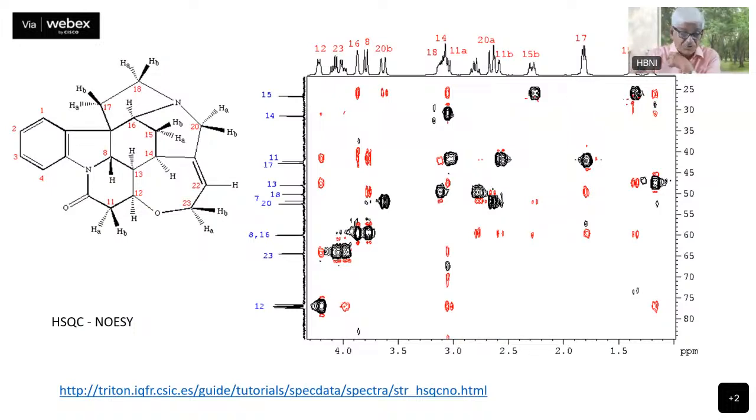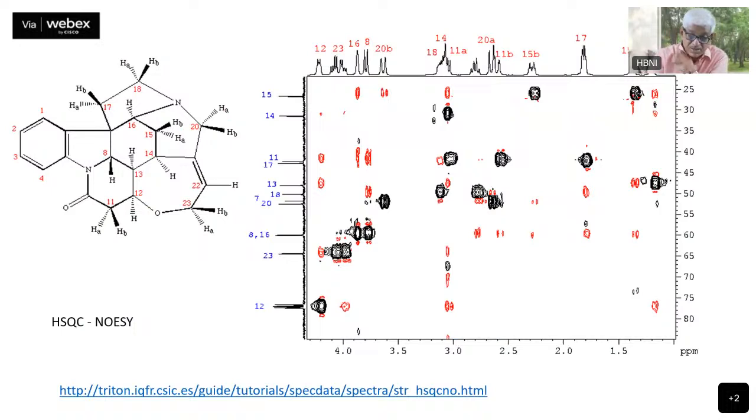So from the 15 proton, you are seeing NOEs to 16, to 20B, and to 14, which is close by. From these protons to these protons, we can see NOE.